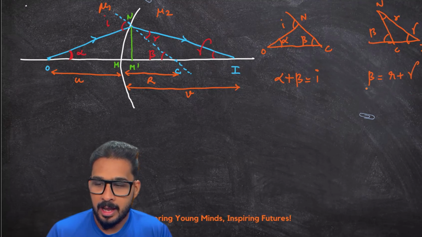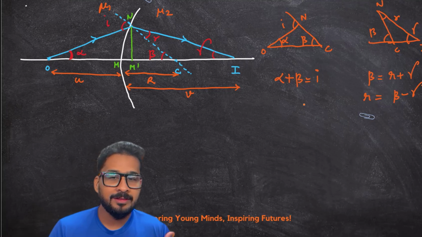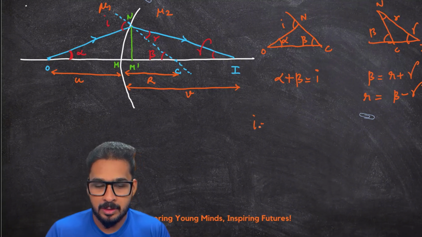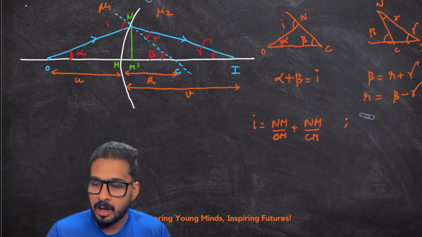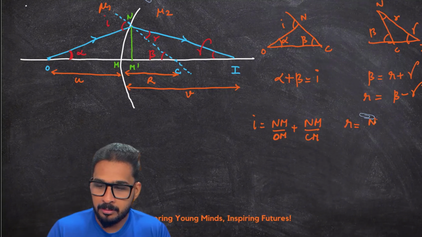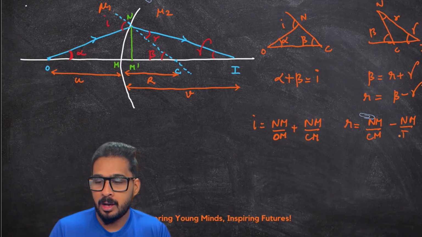So from here I can write r is equal to beta minus gamma. By using the result obtained in the previous step, we can write i is equal to NM upon OM plus NM upon CM. Similarly, r is equal to NM upon CM minus NM upon IM.